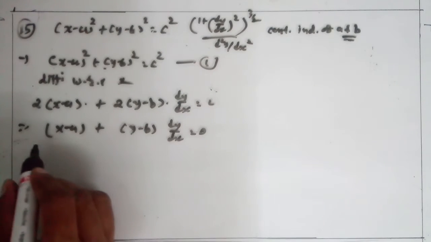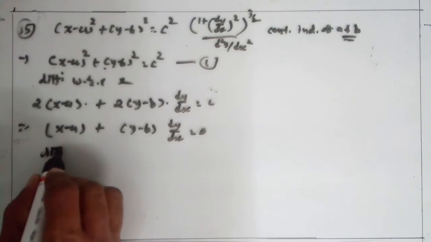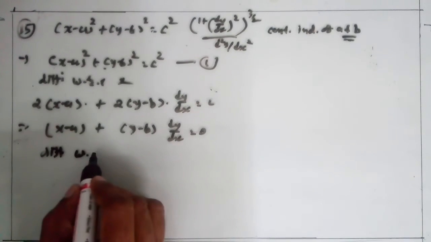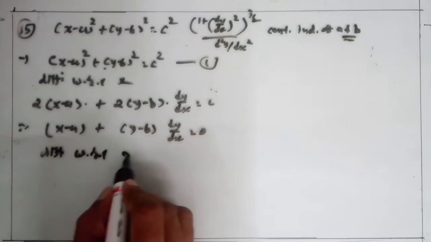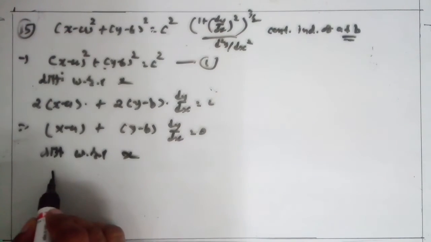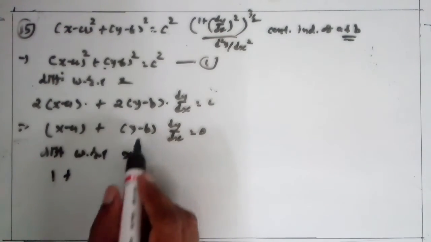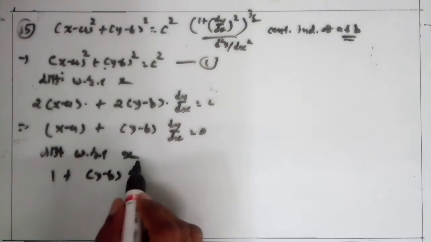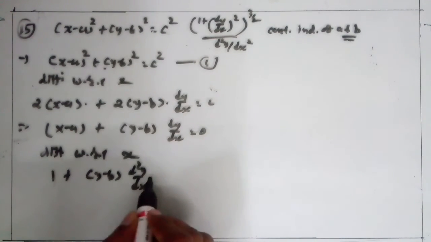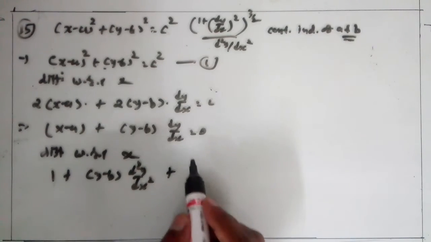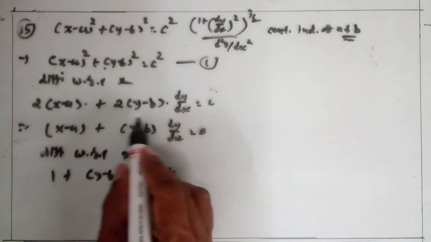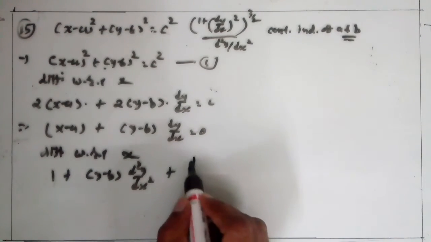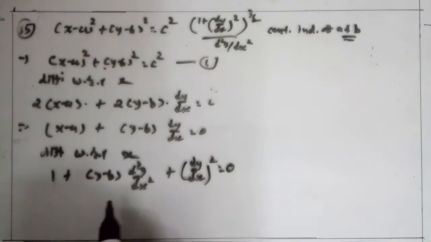Clear? Now differentiate again with respect to x. Here we get 1 plus the derivative of (y − b) into the derivative of these terms, which is d²y/dx², plus dy/dx into the derivative of (y − b), which is dy/dx, so (dy/dx)² equals 0.